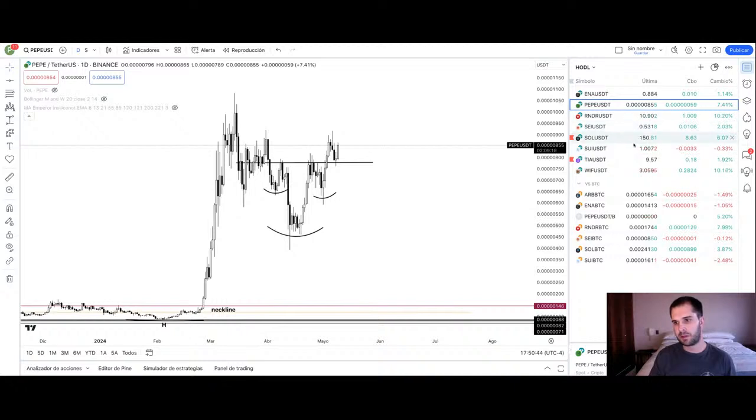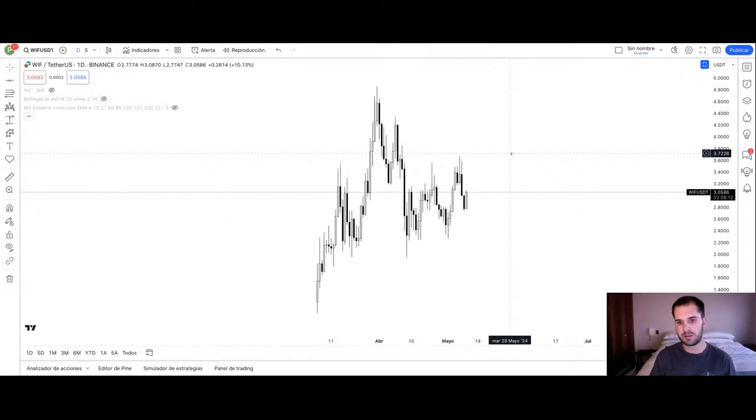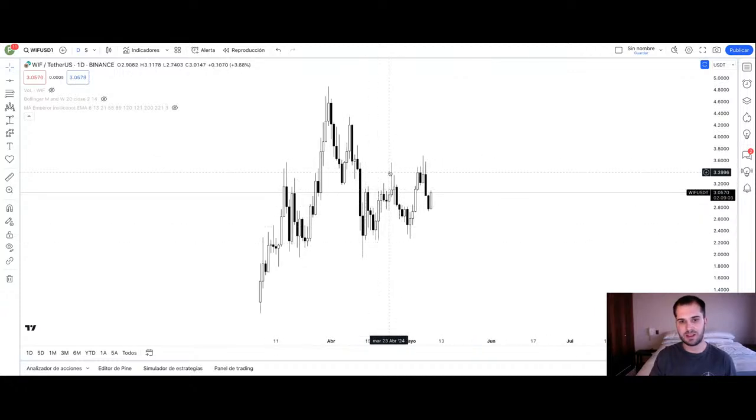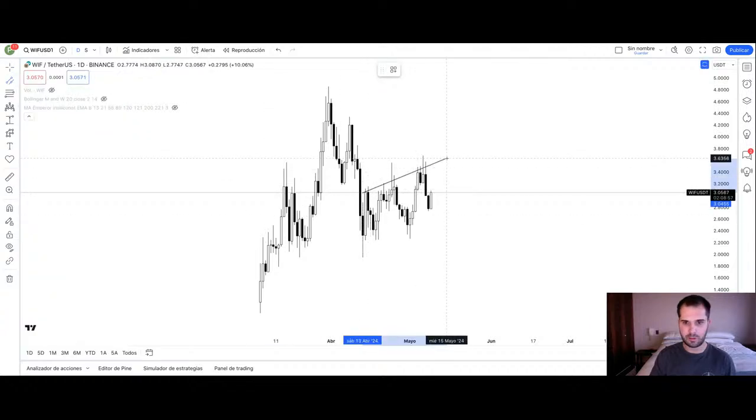If you compare it, for example, to WIF, which has been lagging a little bit the last few days, some people were calling for a $1 target here to buy. I just see higher highs and higher lows, man. Not going to overcomplicate it.